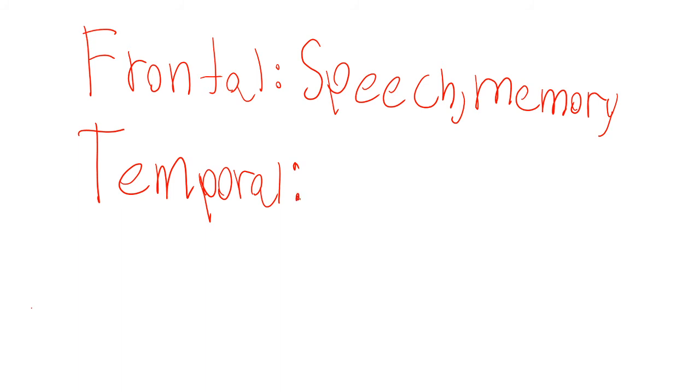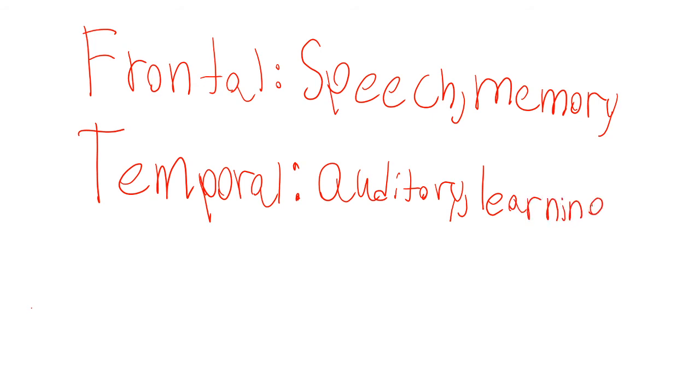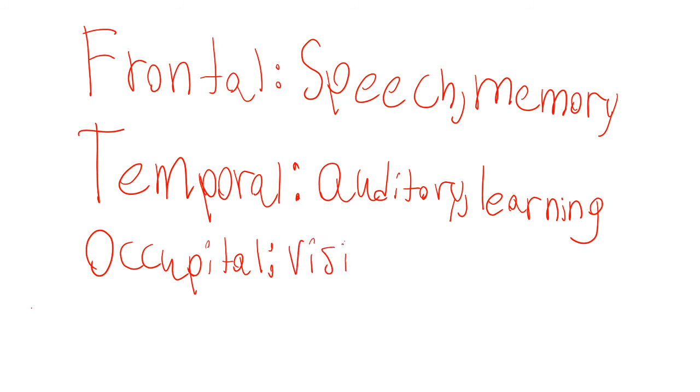Now the temporal lobe is associated with the auditory system and learning. Now let's go over to the occipital lobe. This is associated with vision and vision perception.